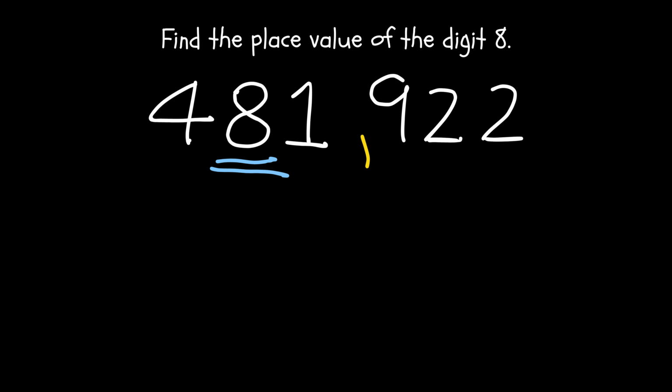Now, here's another example. 481,922. Let's find the place value of the digit 8 once again. We start from ones, tens, hundreds, thousands, 10,000s. So the place value of the digit 8 is under the 10,000s.